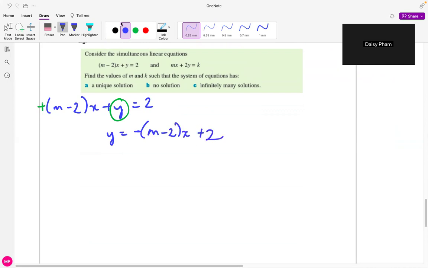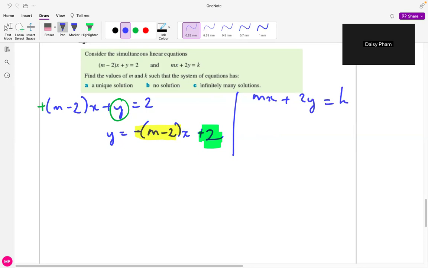This is my gradient, the coefficient of x, and this 2 is my y-intercept.